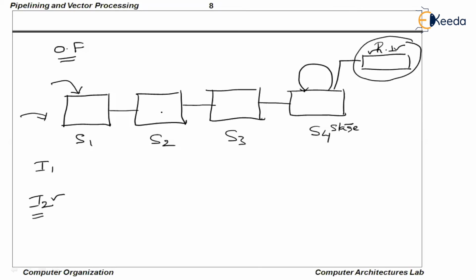The moment I1 enters here, I2 enters in stage 2. The moment I1 enters stage 4, I2 can enter stage 3. So I1 can be here, I2 can be here. Even though I2 requires the output of I1, I2 did not wait to enter into the pipe, because the operand will get directly forwarded. The moment I1 finishes its execution, it throws the operand directly back to I2.